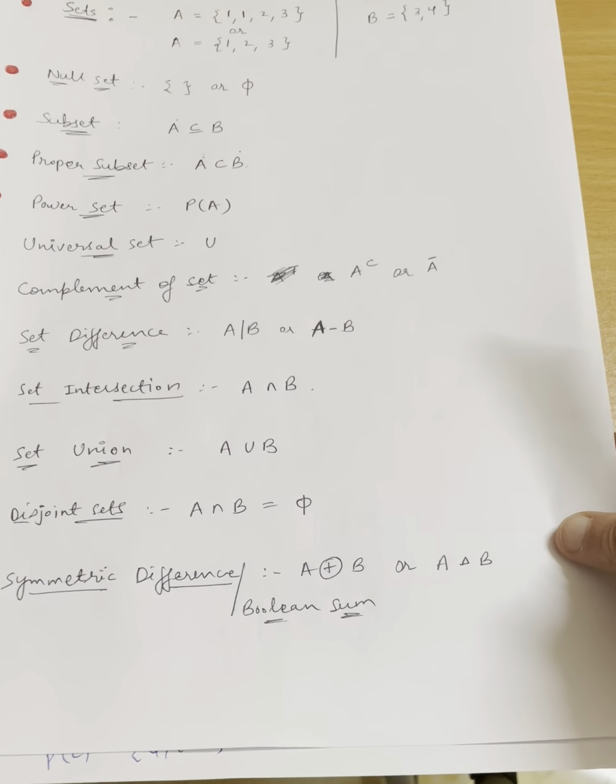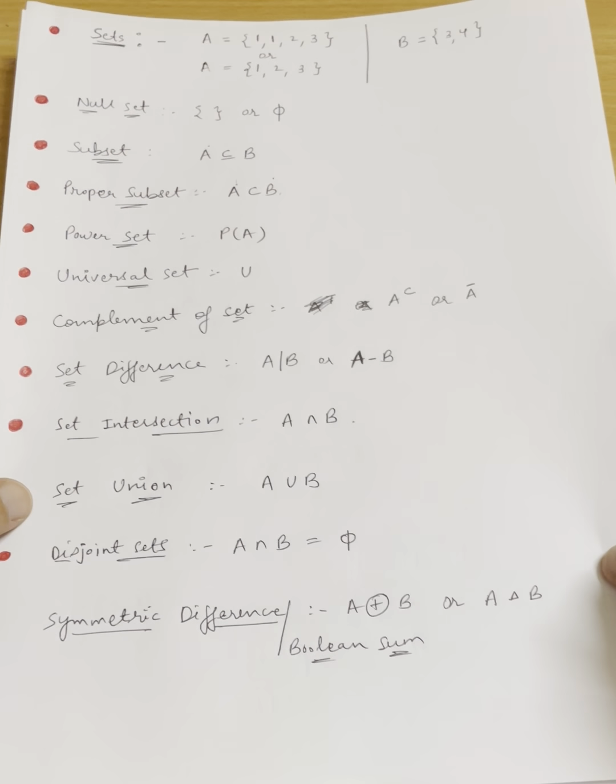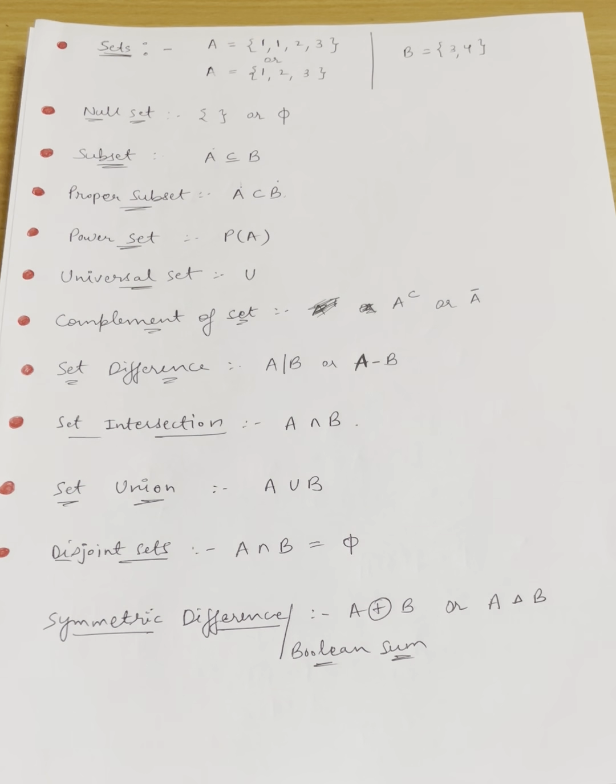Now the next one is universal set. Universal set means universe, all. So it depends on the condition or the question. Like if I say set of all even numbers, and you need the union of something, then the set of all even numbers is basically the universal set.